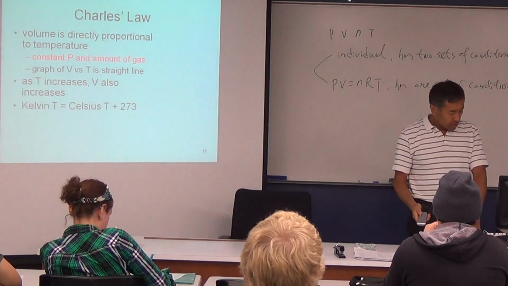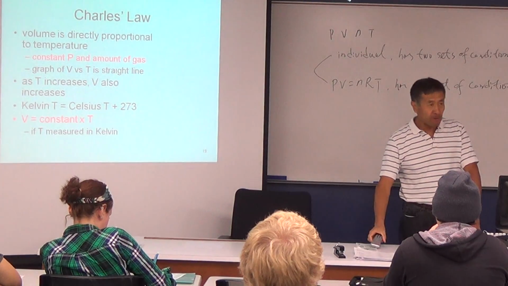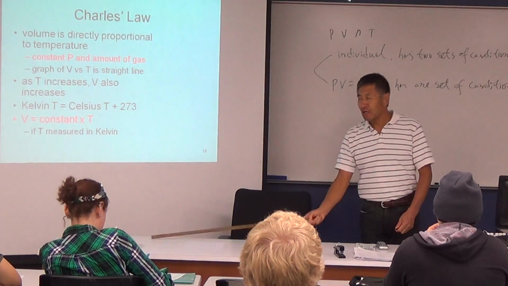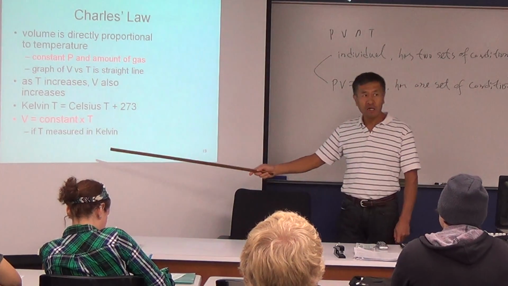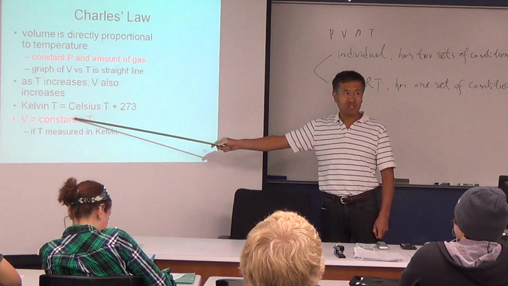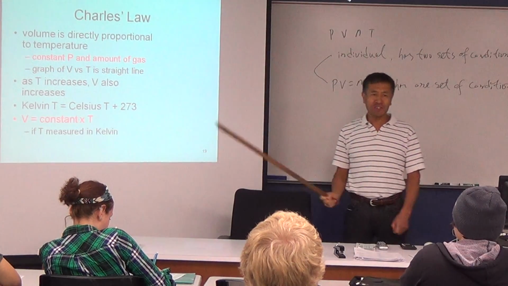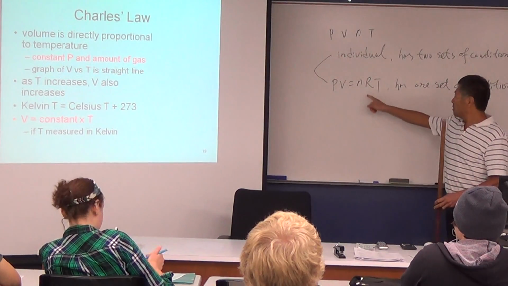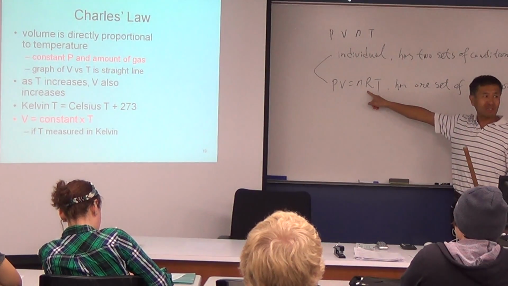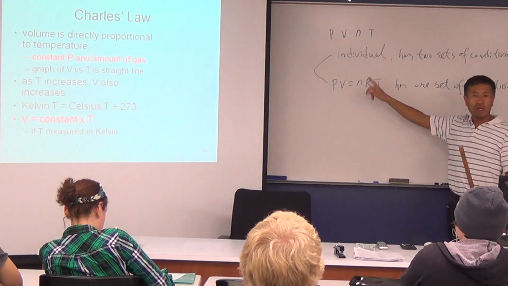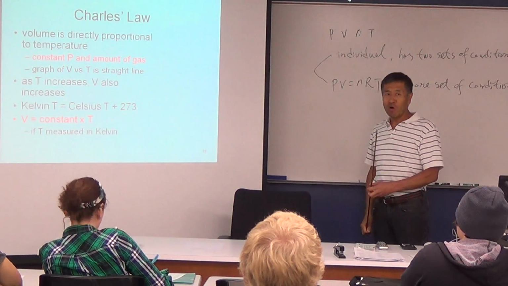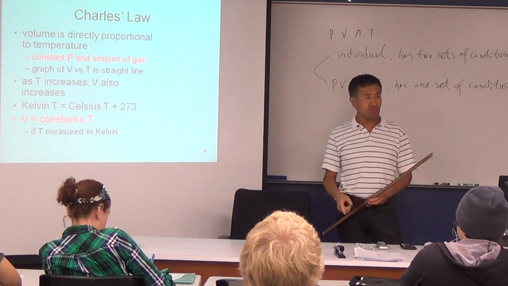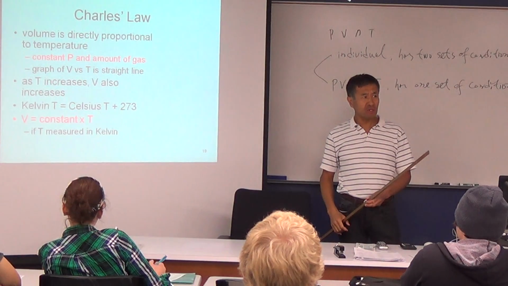As you will see pretty soon, from Charles' first experiment, he found that the volume equals a constant times T. And that constant is just something that's constant, usually not the same as the other constant. So that tells you that volume is directly proportional to the temperature T in Kelvin, precisely.